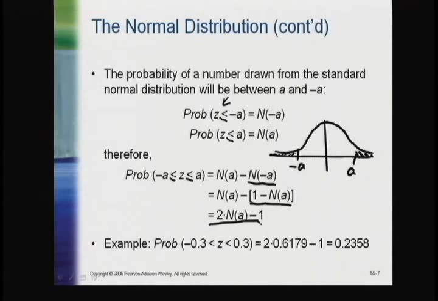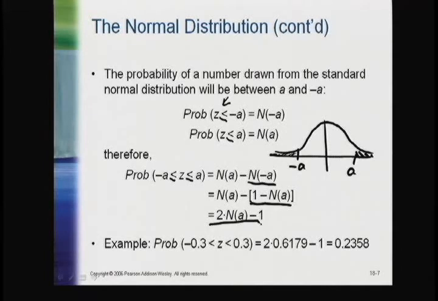So we can express a symmetric interval about 0 in terms of 2n of A minus 1, n of A conveniently being a value you could easily look up on a typical probability table, so this is convenient. It tells you that if you're looking for symmetric intervals around 0, you can just do a lookup in a typical probability table, double it, and subtract 1.